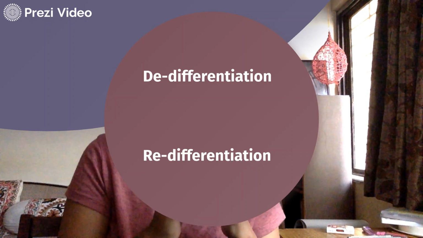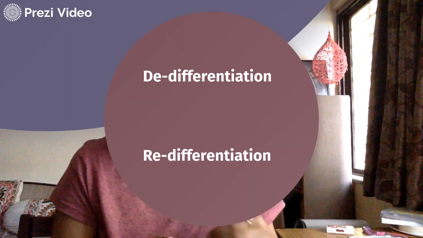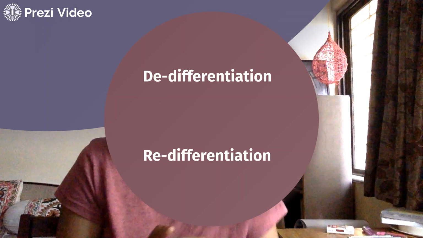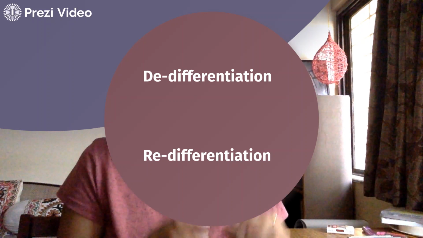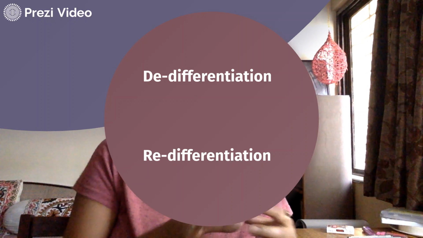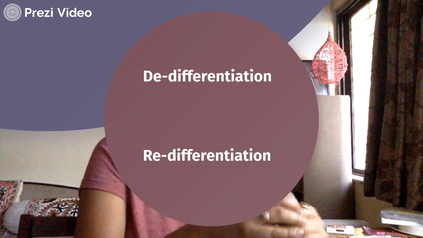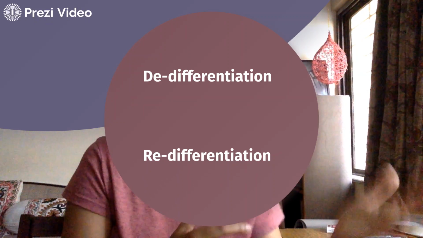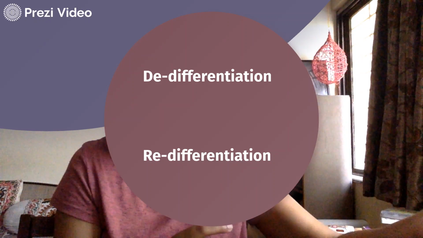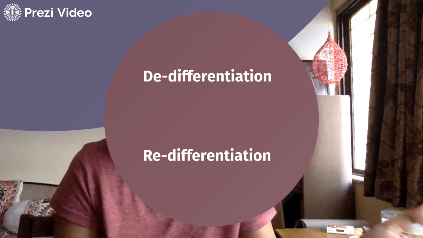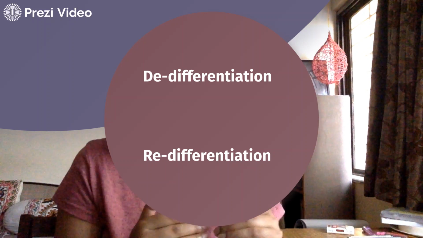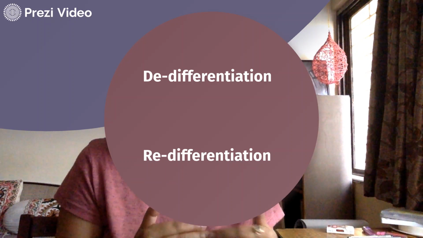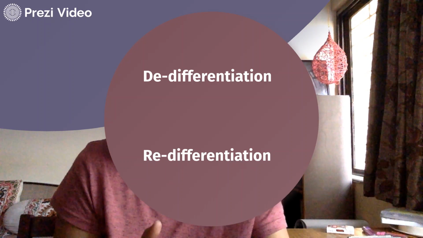Now this unspecialized cell in the next step will redifferentiate. Redifferentiate means this undifferentiated cell will now form the entire plant, meaning it will again form leaf cells, stem cells, root cells, etc. So it will again be specialized into different branches of the plant requirement.